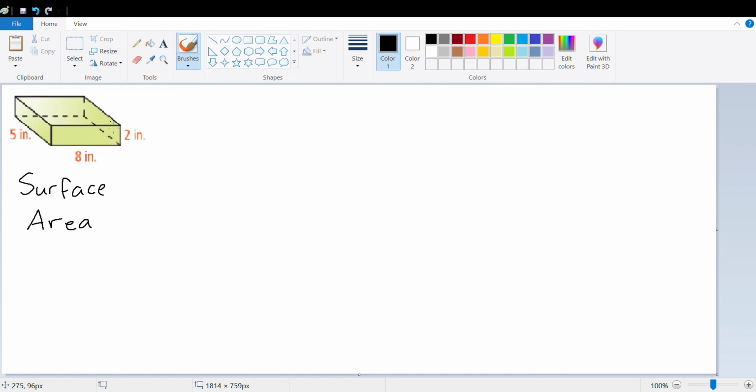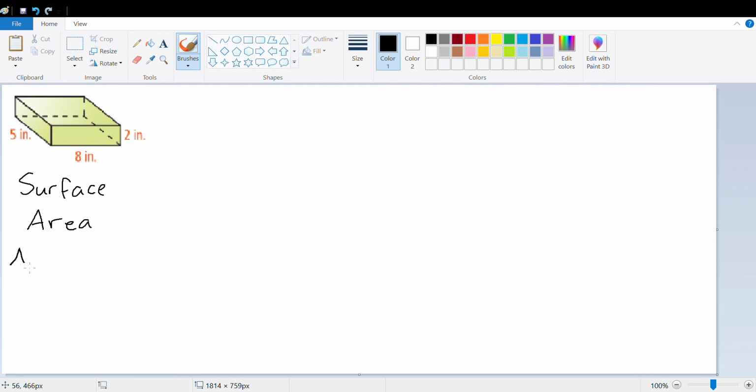Now, when you come across prisms that have a certain shape attached to it, like triangular, cube, you need to keep in mind the area formulas we learned from week 2.